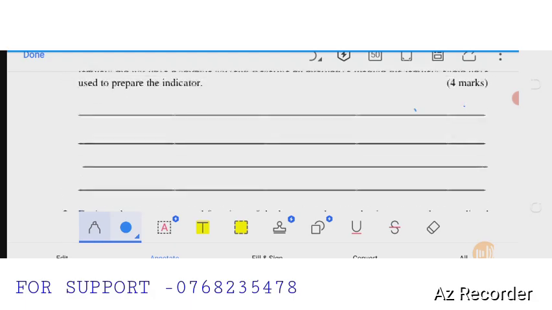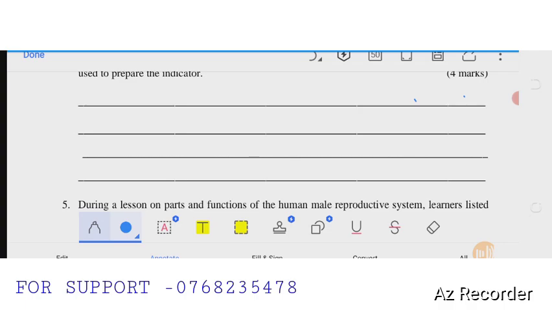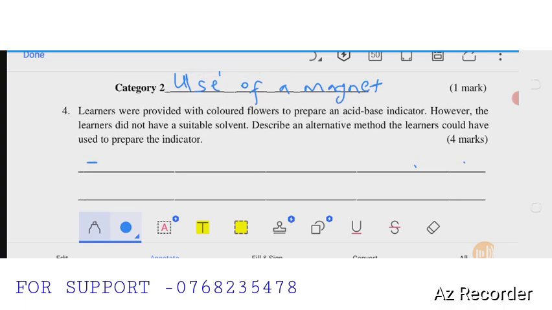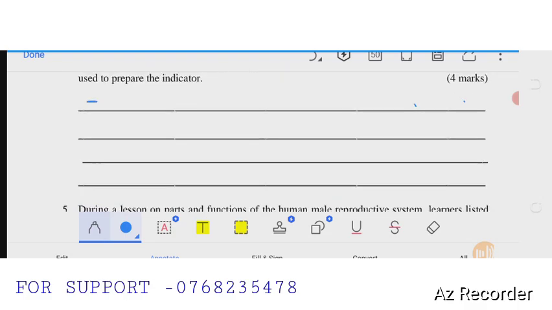So I'll just give the answers. First of all, because they've said describe, we need to put the points step by step till we reach the end.